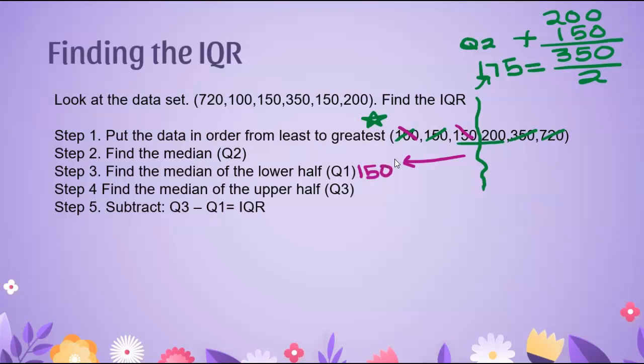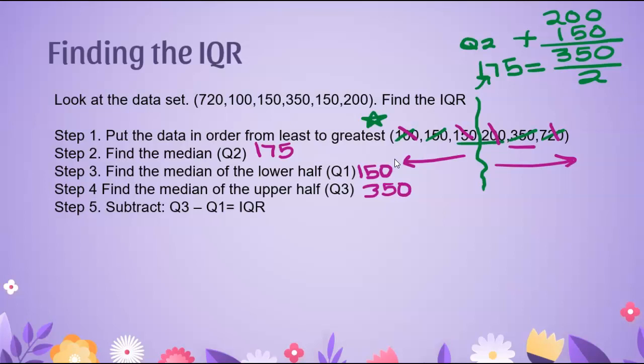That's the number that's in the very middle of these three numbers. And then the median of the upper half is slash, slash, 350. Okay, that's our Q3, 350.